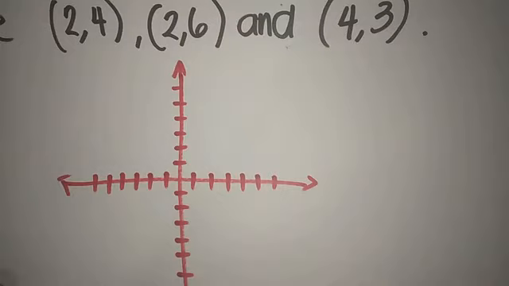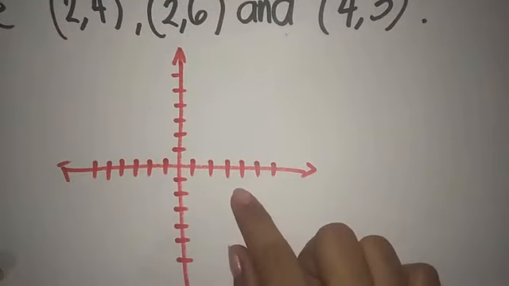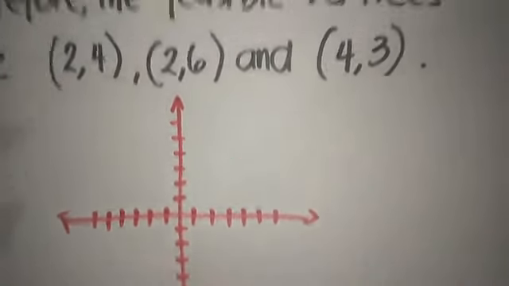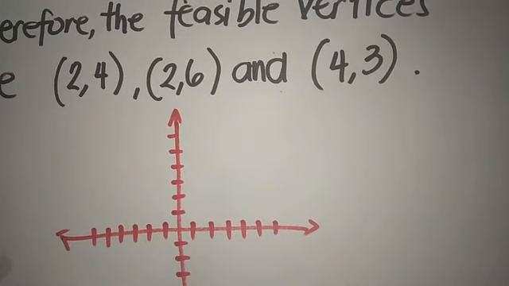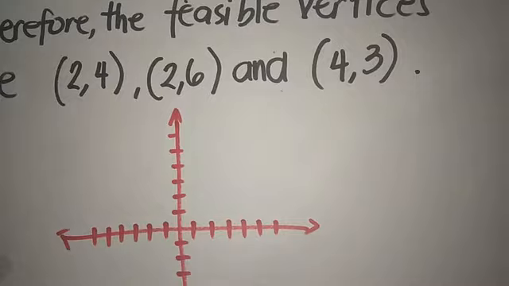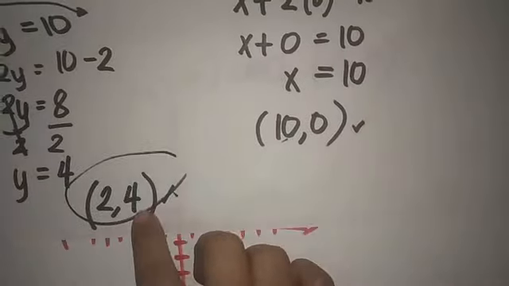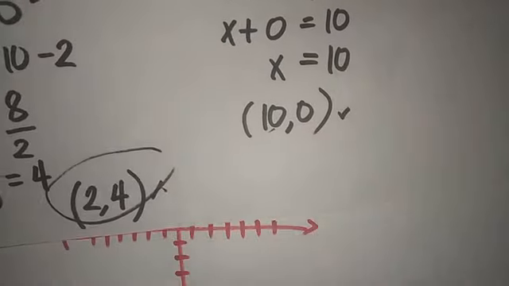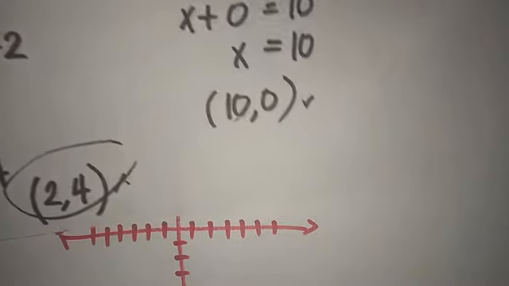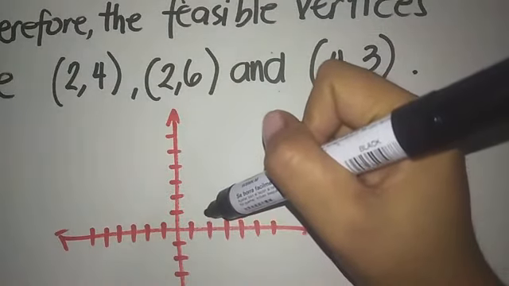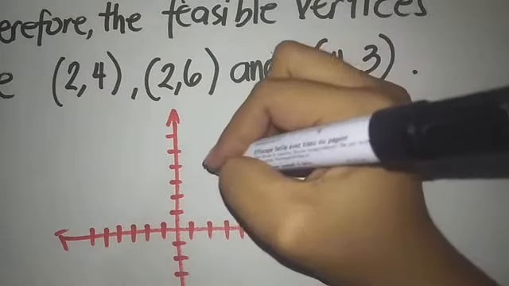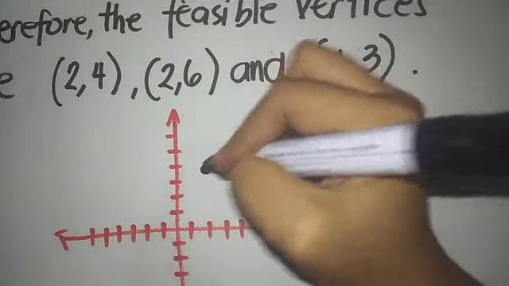In graphing, let's first graph what we got from the first equation, which is 2 and 4 and 10 and 0. Let's plot it. First, 2 and 4: 1, 2, 3, and 4. Then 2 and 4.